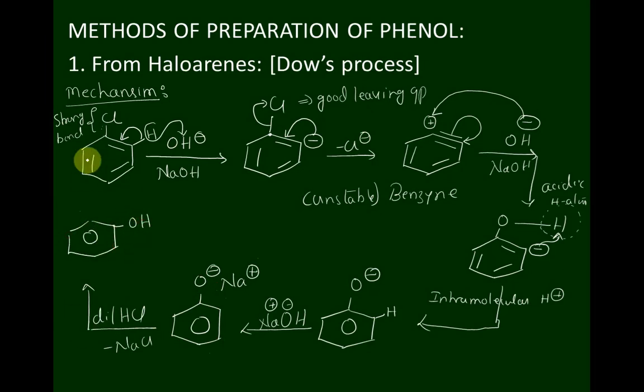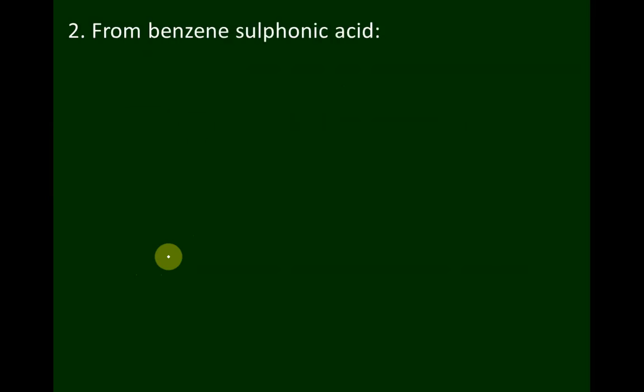So this is the method of preparation involved in the Dow process. Please note it down. Second method of preparation of phenol is from benzene sulfonic acid.